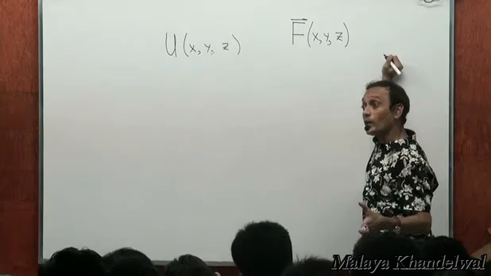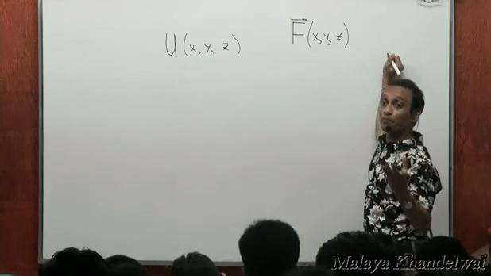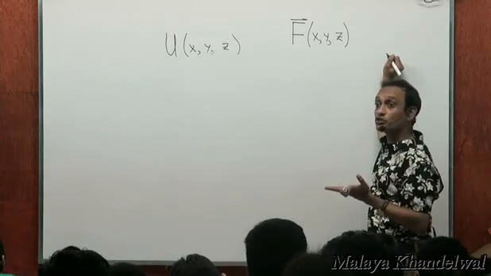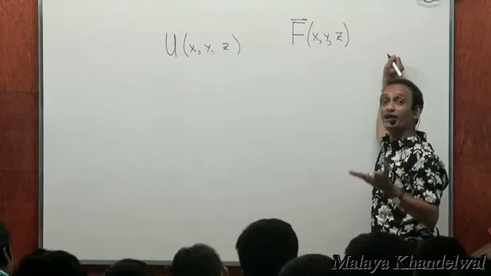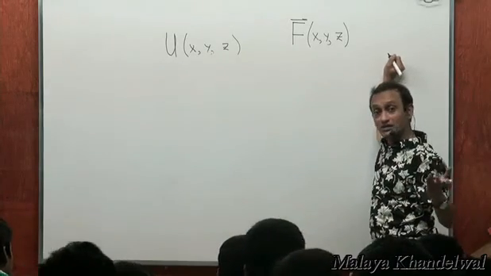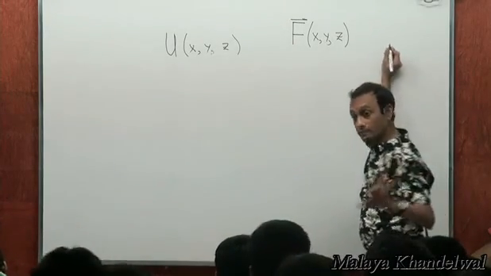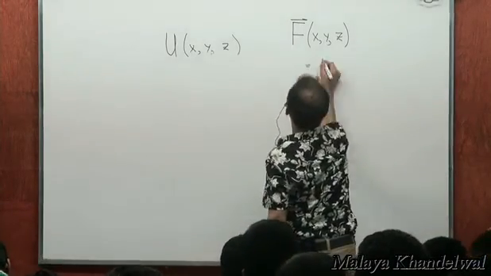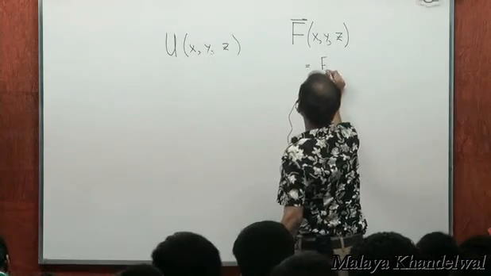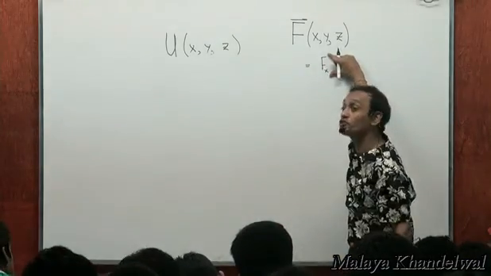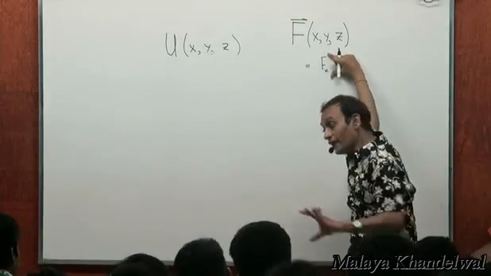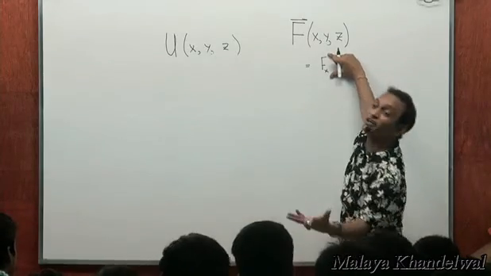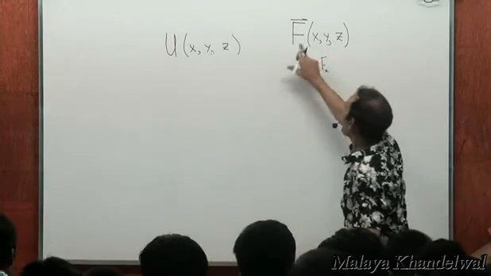The force at any x, y, z will have 3 components. A component in the x direction, a component in the y direction, and a component in the z direction, right? So this will have a component in the x direction. That means this is the magnitude of the force in the x direction. And its value will depend on where the point P is. The point P is x, y, z.